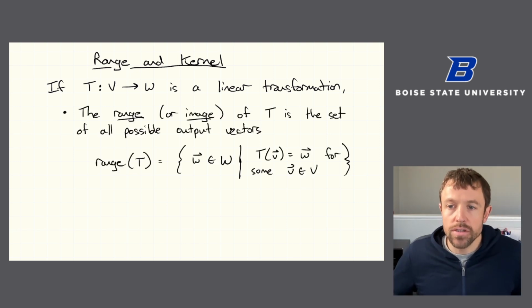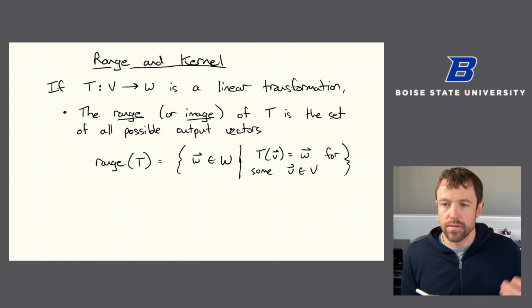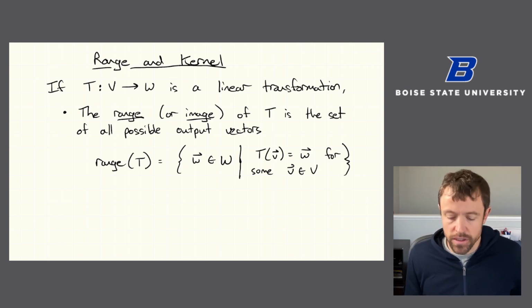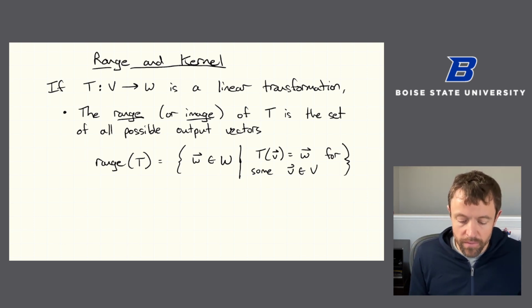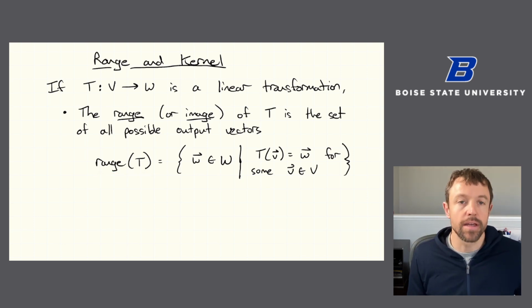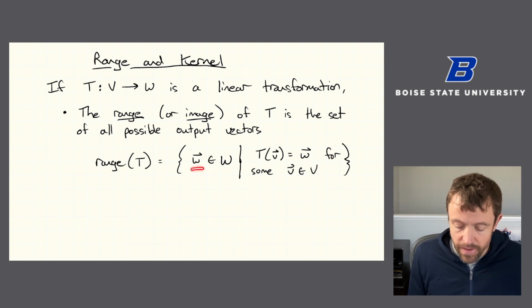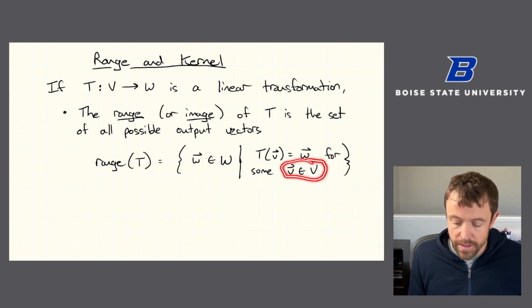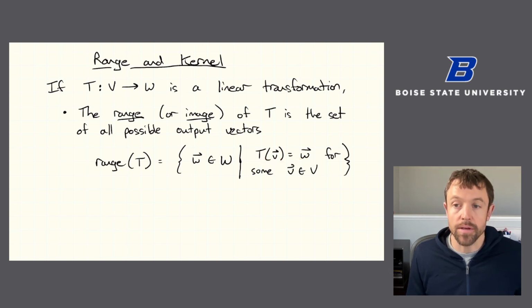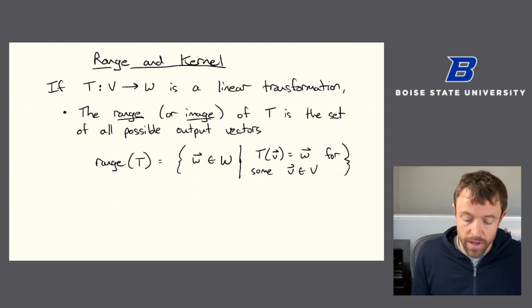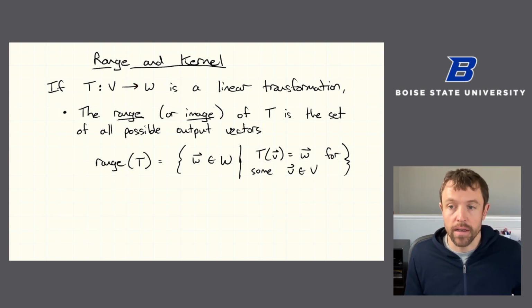So the range, also referred to as the image of a linear transformation, is going to be that first extension of an onto function that I talked about. It's going to be the set of all possible output vectors. Another way of writing this is that range of T, that'll be our notation, is the set of elements of W such that there's a vector V in the input space such that T of V equals W. And notice that range consists of vectors from our codomain.